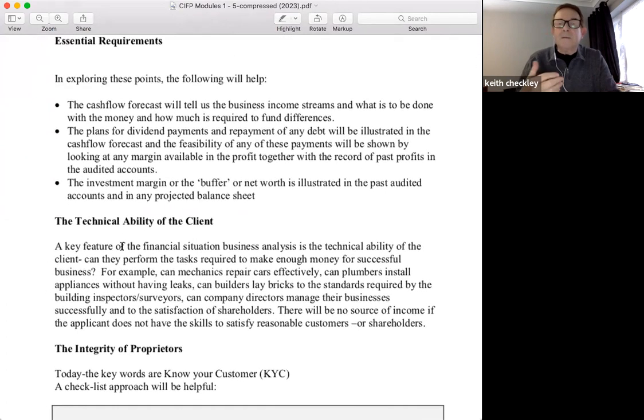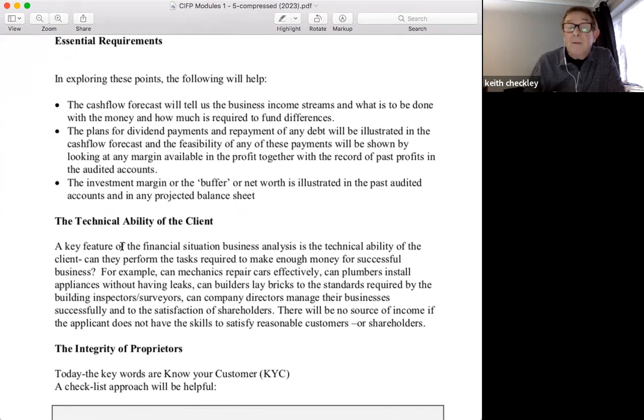So just stating some very basic generic points, the following will help. The cash flow forecast will tell us the business income streams and what's to be done with the money and how much is required to fund the difference. The plans for dividend payments and repayment of any debt will be illustrated again in the cash flow forecast.